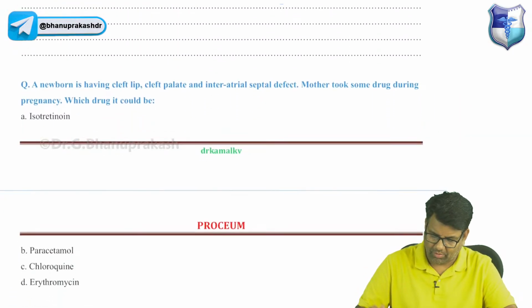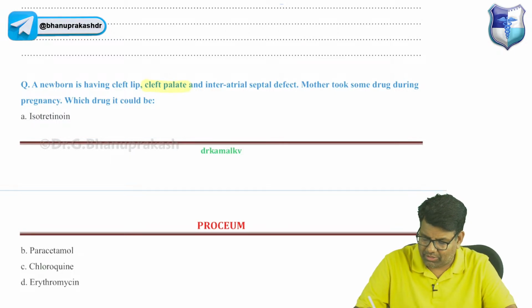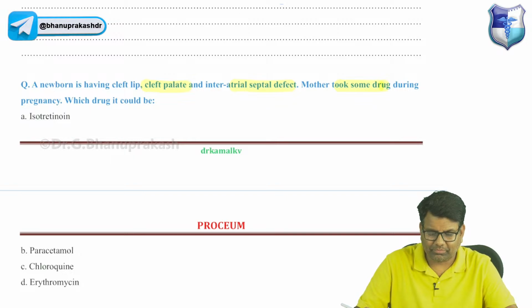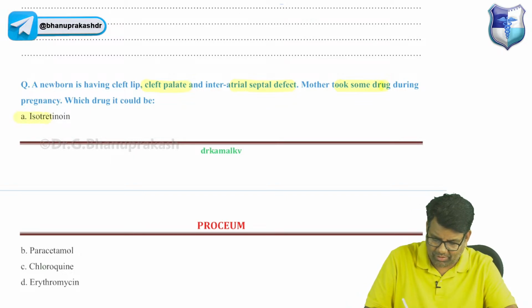Next question. A newborn is born with cleft lip and cleft palate, and there is a history of some drug intake by the mother. What drug can it be? Yes, you are right, absolutely right. It is isotretinoin, and here the classical finding is cleft palate.